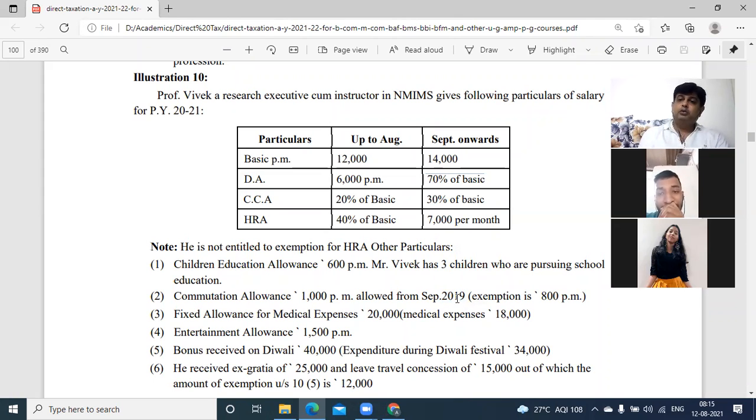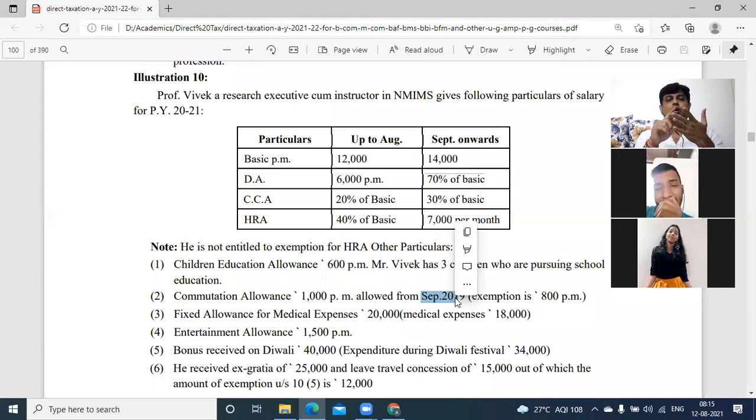From September 2020 only, like yesterday, you must have seen that there were only 2 months, December to January. Similarly here, the commutation allowance will be allowed only from September till March. So how many months?